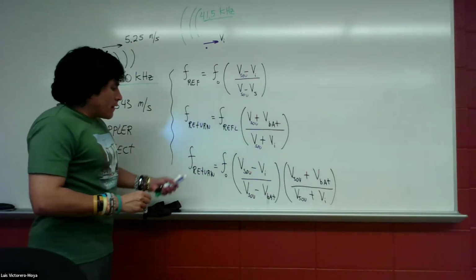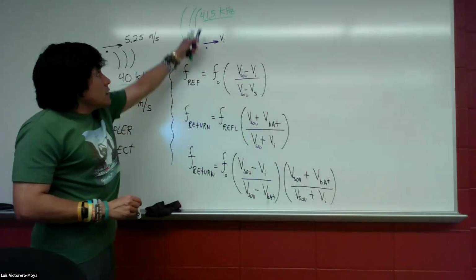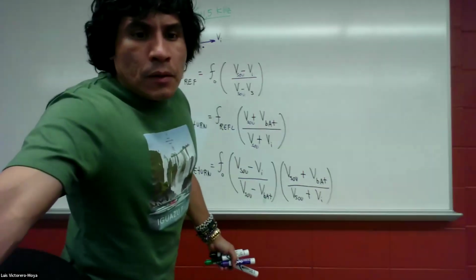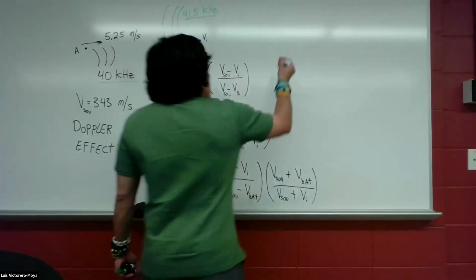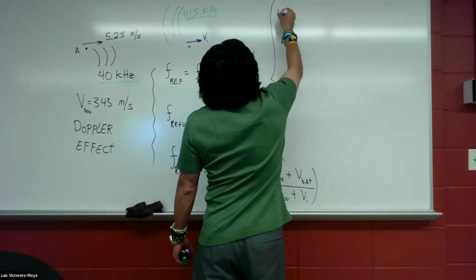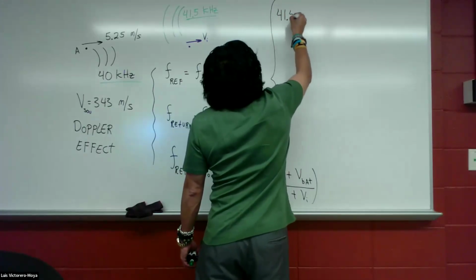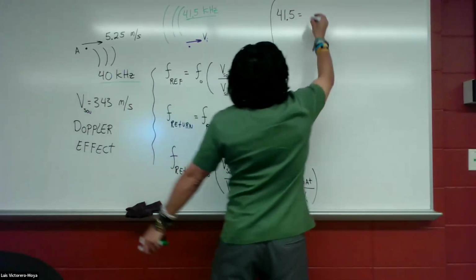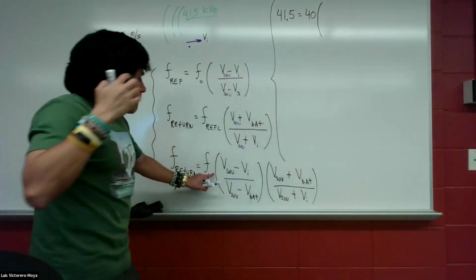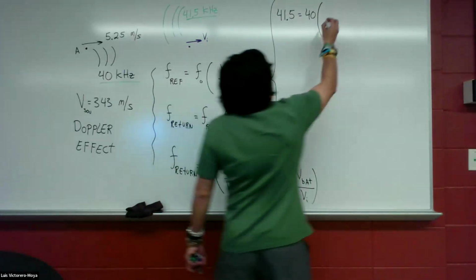And over there, I want to calculate it. Now, F return is this. F naught is 40. So pretty much, you're going to have 41.5 kilohertz, which cancels with the kilohertz there, 40, parentheses, 343 minus what you want to find.